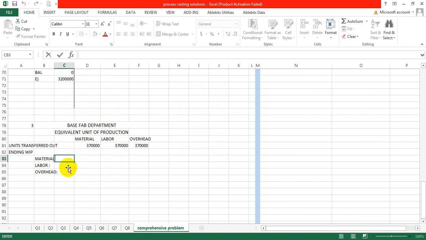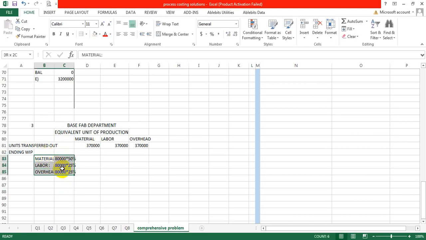So we will take 80,000 multiplied by 50%, 80,000 multiplied by 25%, 80,000 multiplied by 25%. We will take the value of these, right?